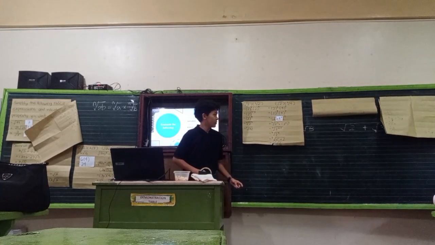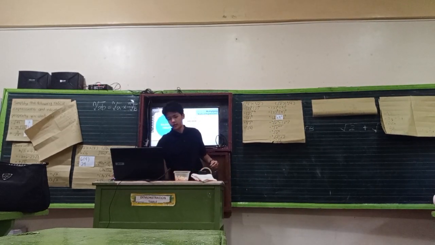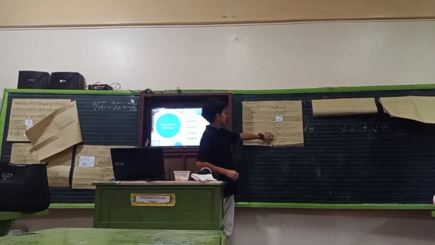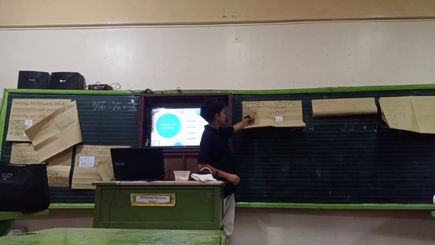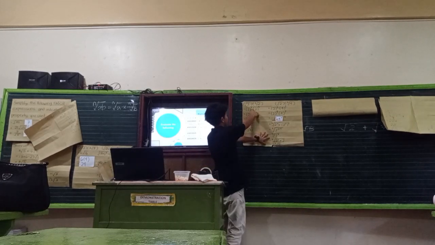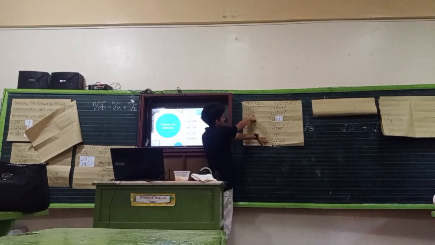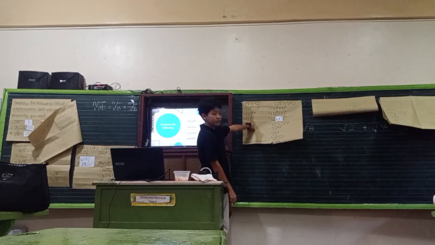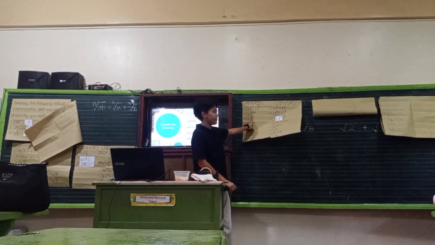It's the product rule of exponents, the power of a product. Same base, you add the exponents, so they have the same base. So 1/2 plus 1/3 became 2 to the power of 5/6.